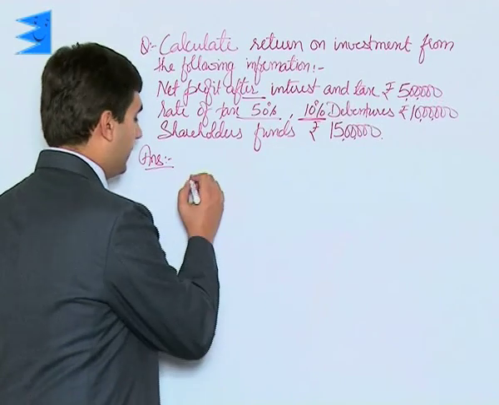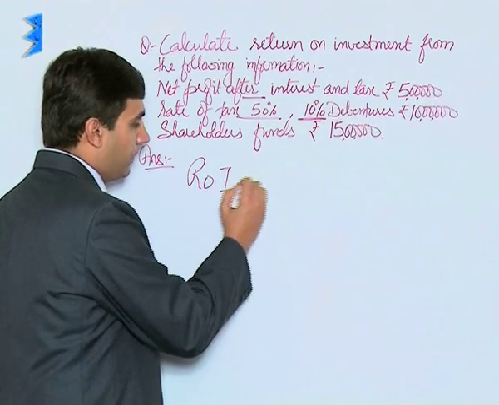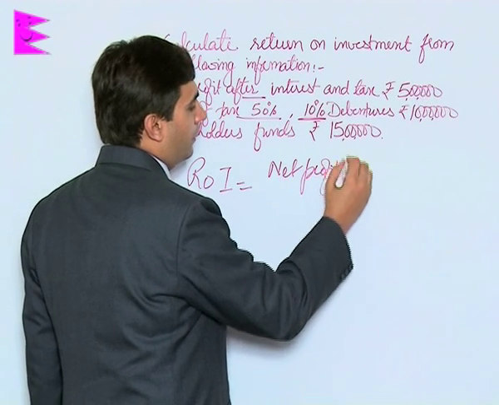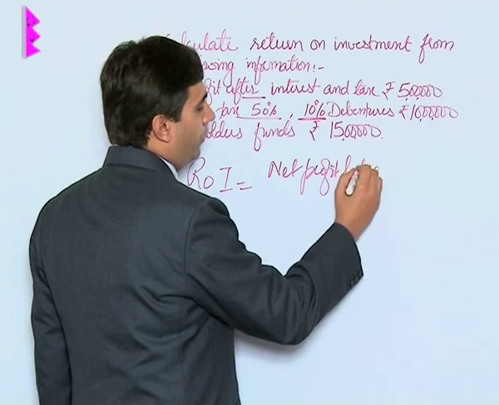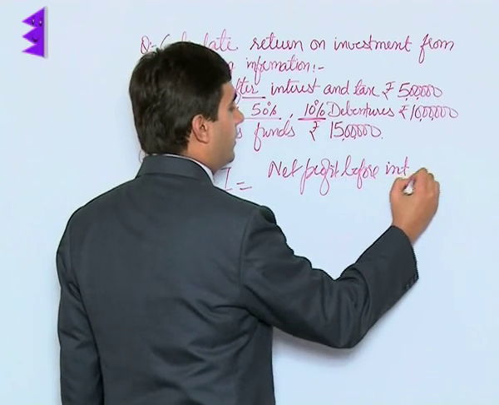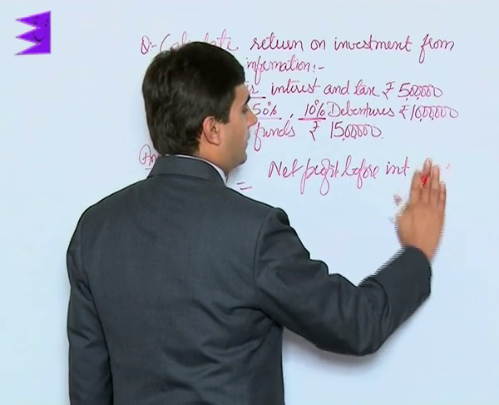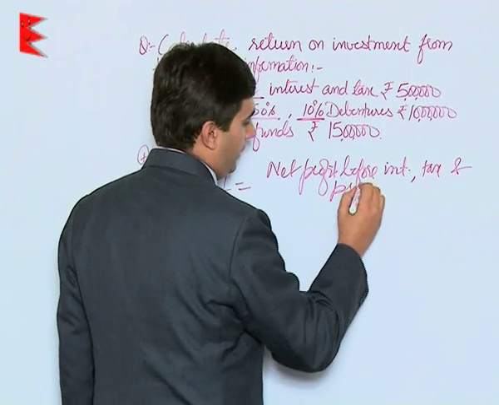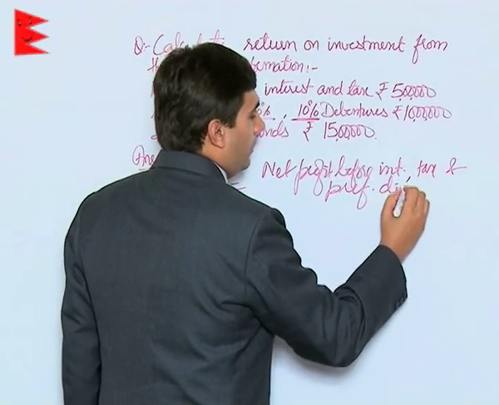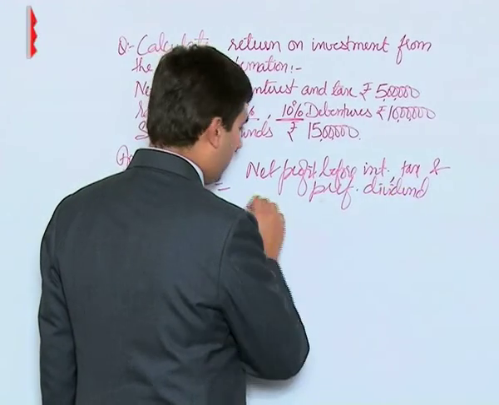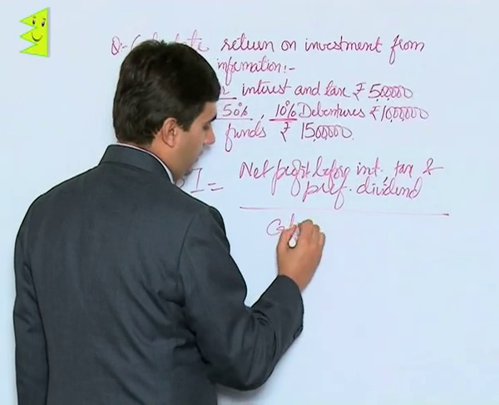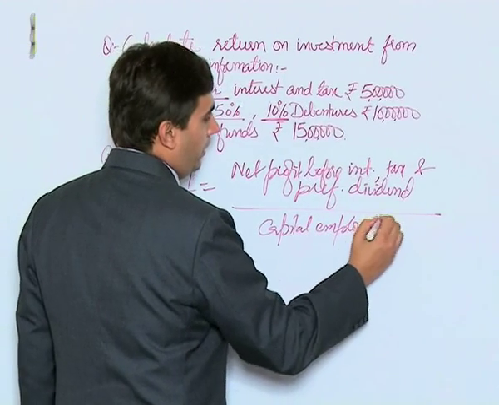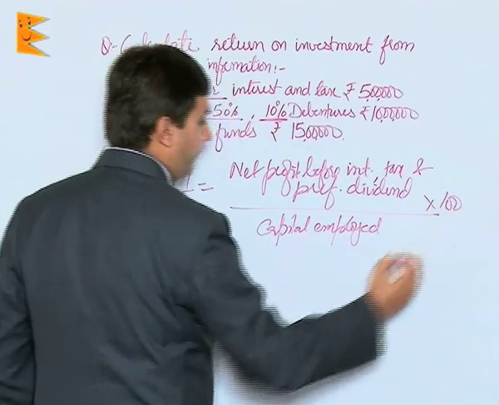The return on investment, which I am writing here as ROI, is net profit before interest, tax and preference dividend upon capital employed into 100.